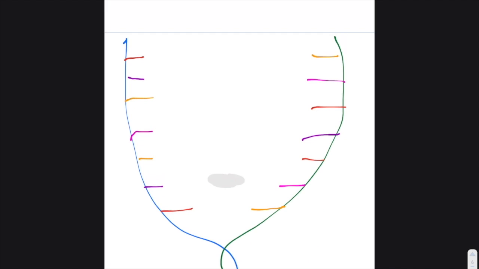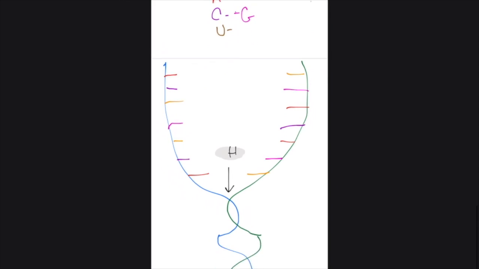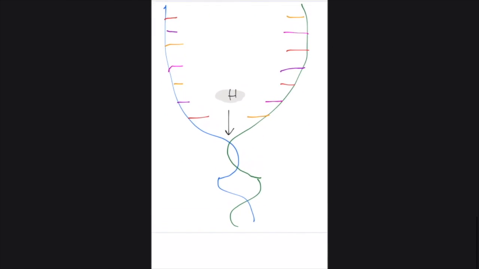So this enzyme helicase is coming through, breaking the hydrogen bonds between DNA and unzipping it. Now, as this is happening, right, because it's happening from top to bottom, and then you have these bottom strands that are still intertwined.